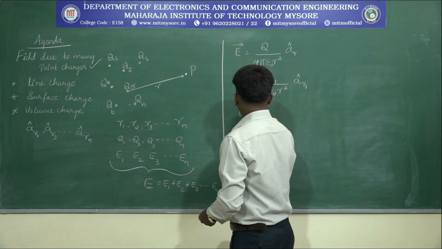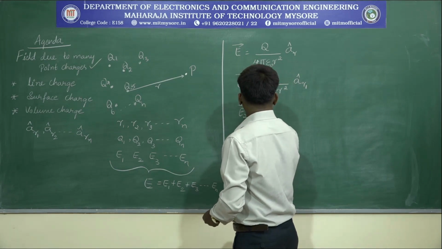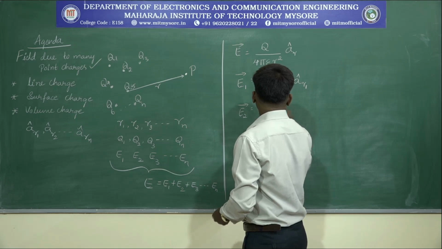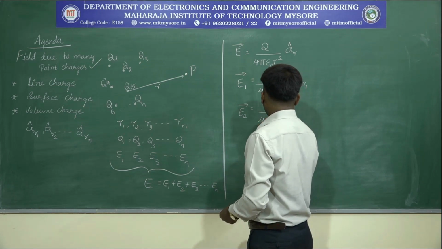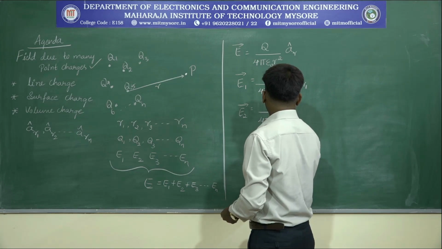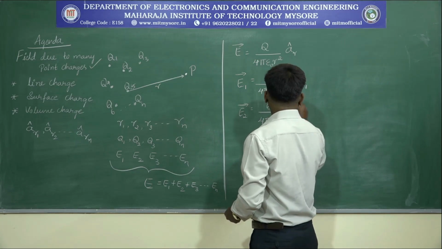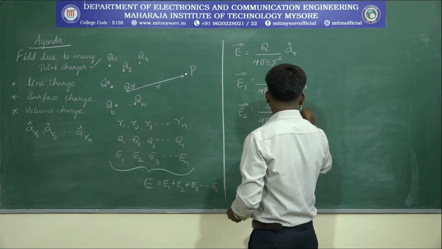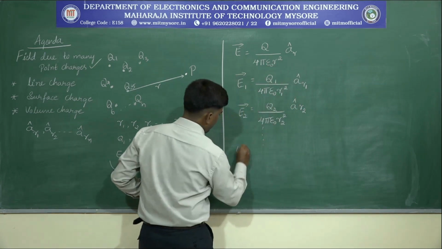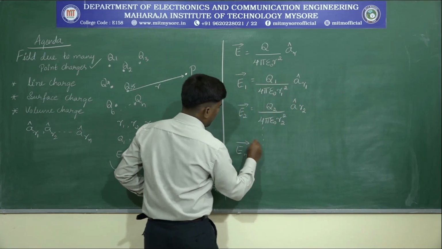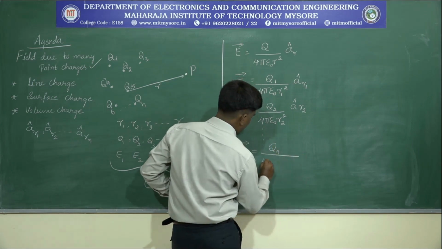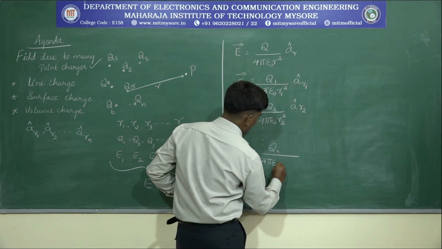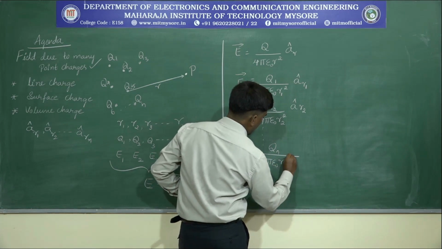For E2, this becomes Q2 divided by 4 pi epsilon naught R2 square into a cap R2. So on up to, if I write En, it is equal to Qn divided by 4 pi epsilon naught Rn square a cap Rn.